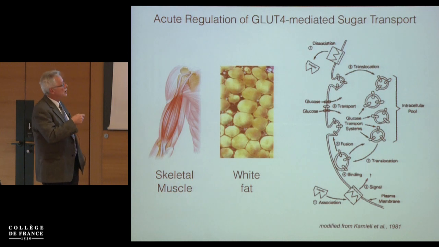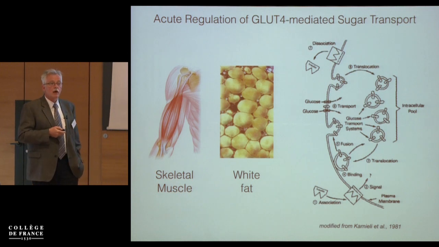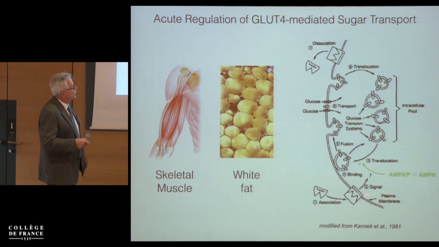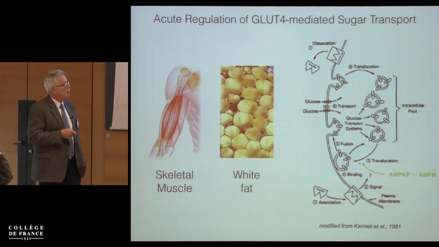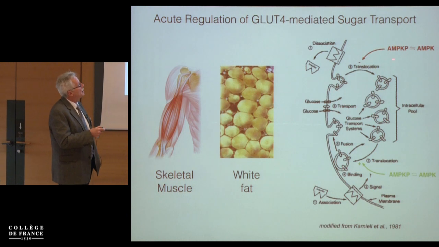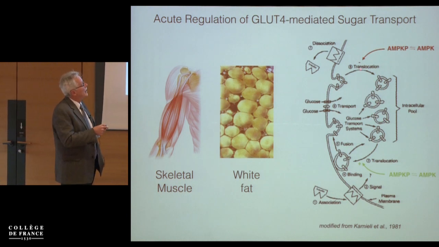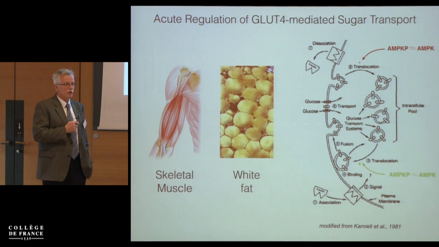Glucose transport in muscle is also stimulated by contractile activity. And in fact, some studies show that AMPK activation by phosphorylation stimulates translocation, other studies suggest that AMPK phosphorylation inhibits reinternalization of the protein.